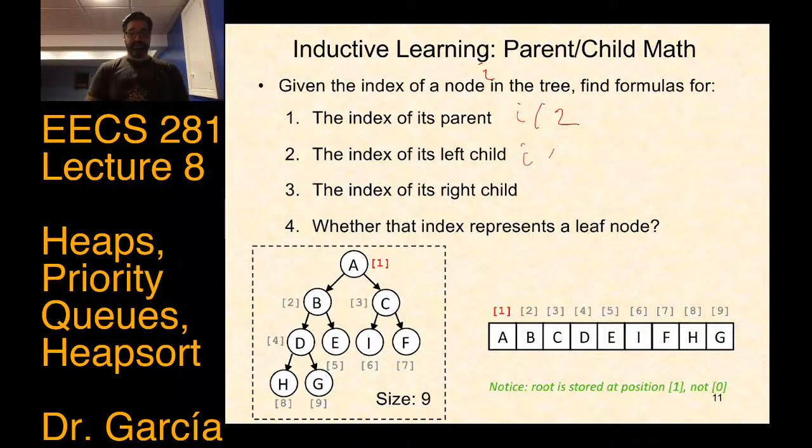It's supposed to be multiplication. If you wanted to find I's right child, that would be I times 2 plus 1. It's supposed to be a 1.